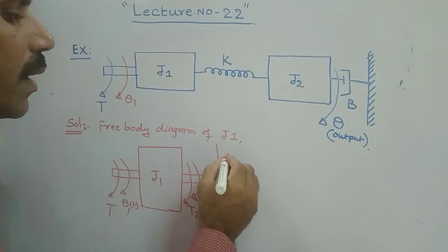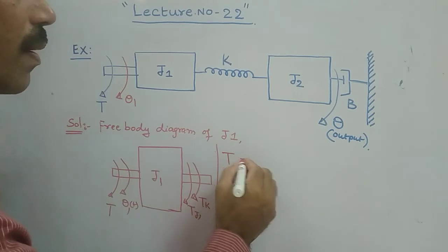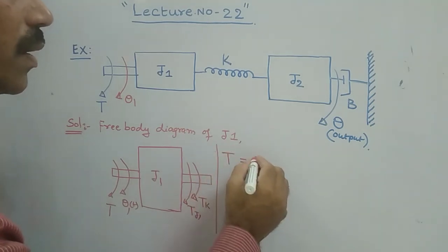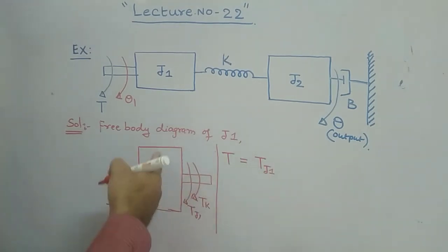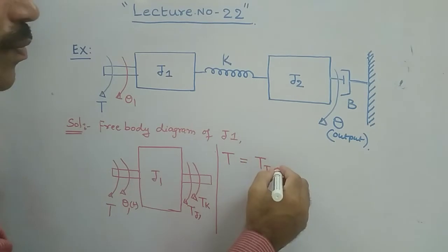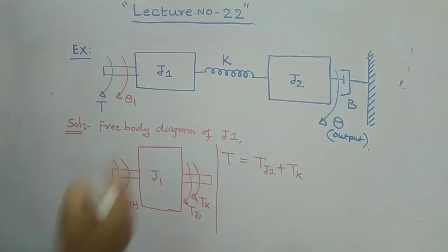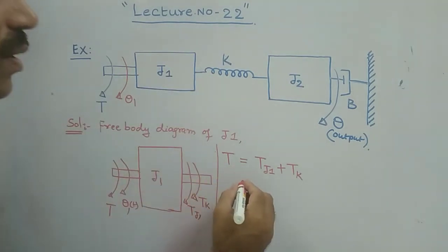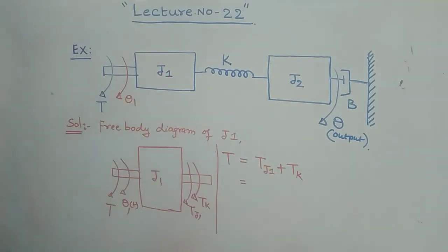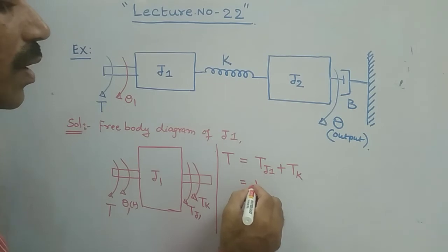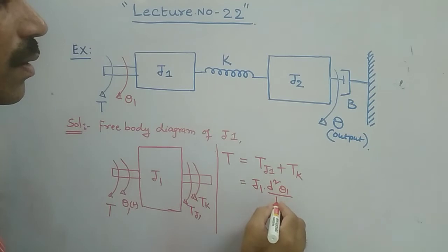If you write the expression, what can you write? Basically, I can write directly T is equal to T suffix J1, which is the torque opposed by J1, plus T suffix K. What is T J1 actually? It is nothing but J1 into d square theta 1 by dt square.